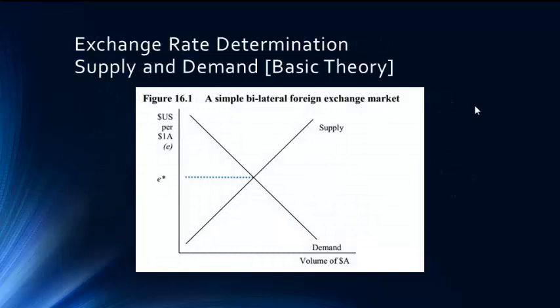So how is this exchange rate determined? Well, according to the basic theory, this is according to the supply and demand for our currency. Now the supply of our currency depends on central bank operations, and the demand for our currency is kind of a derived demand.